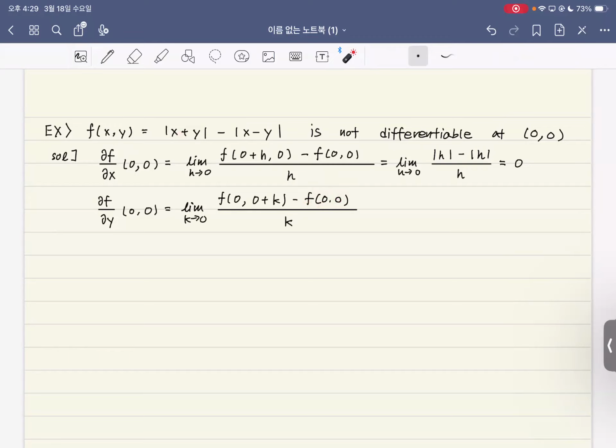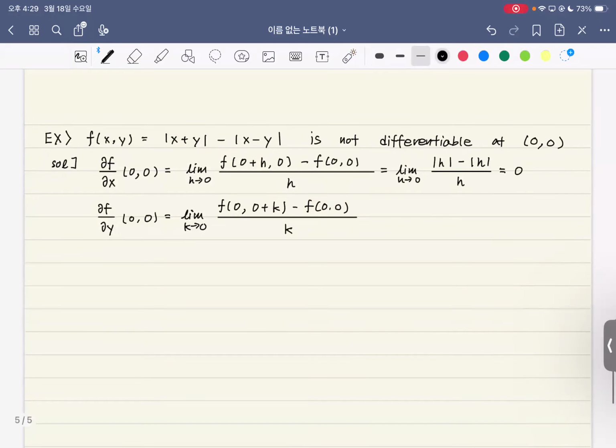With x equals 0 and y equals k, plugging those in, as k is tending to 0, I have the absolute value of k minus the absolute value of minus k, and everything over k. This negative sign can be simply ignored because we have the absolute values. So this is just the absolute value of k minus another absolute value of k. So this guy also equals 0. So the limit is 0.